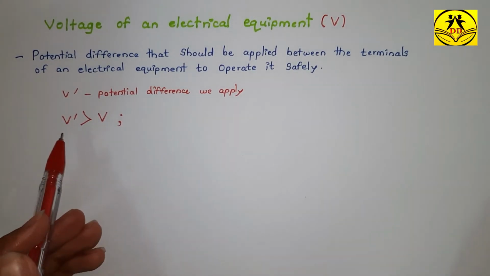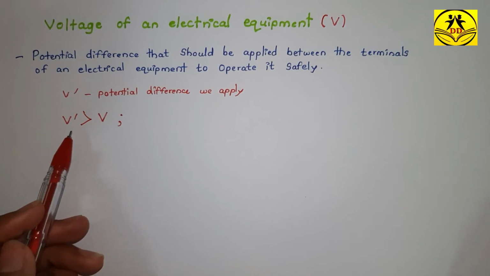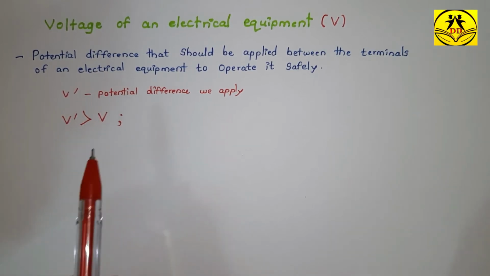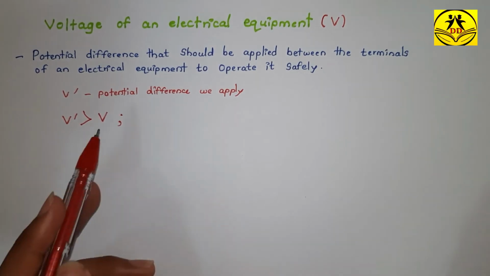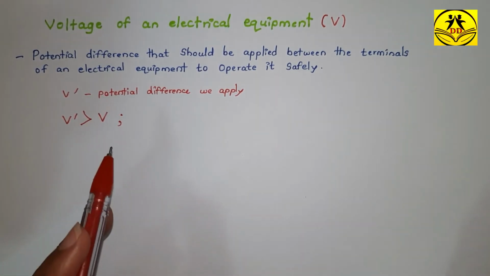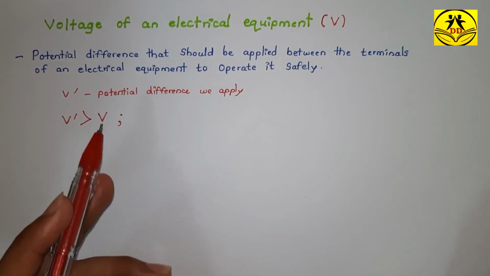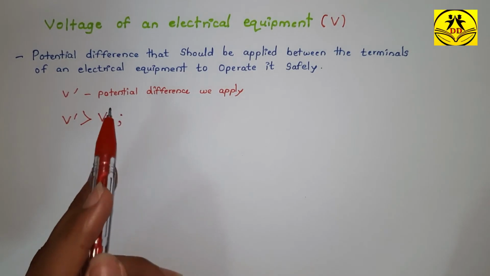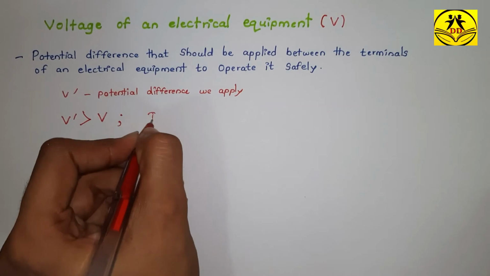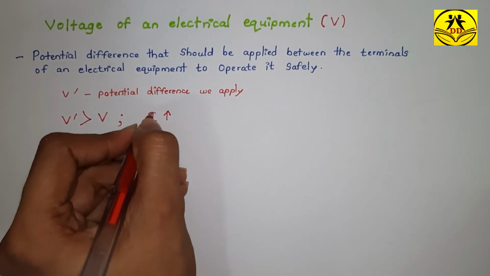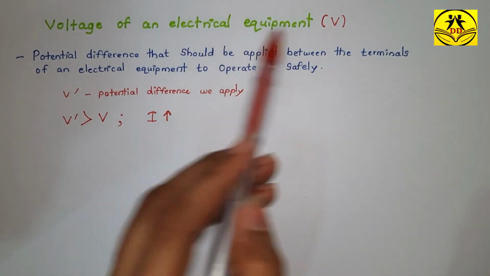So if the potential difference applied between the terminals is greater than the standard marked value of it, potential difference greater means we provide a greater energy, so a greater current flows through that resistor. So here the current increases, current flowing through the resistor of this electrical equipment.